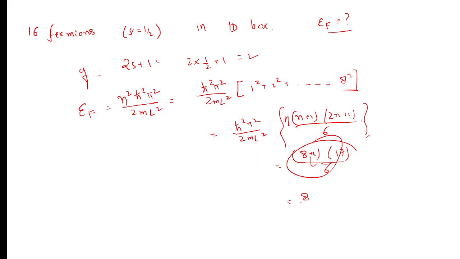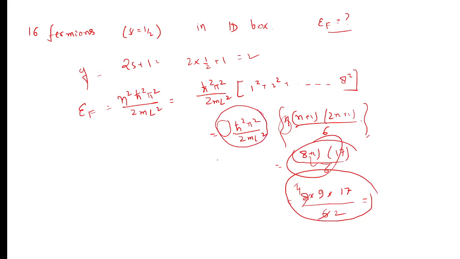Yeah, here it should be n. It's 9 into 17 divided by 6. So it's 4 by 2. So you can find a value and that should be the correct answer.